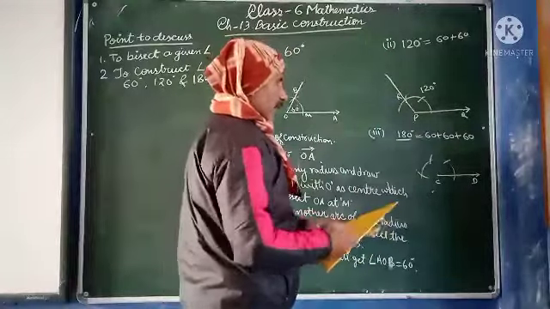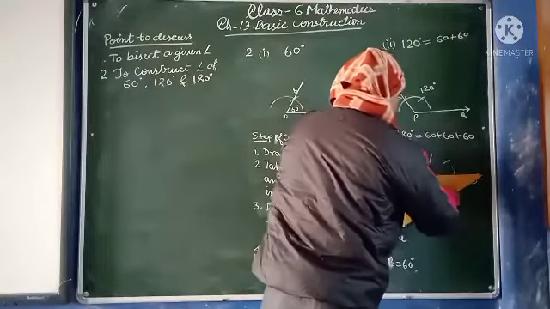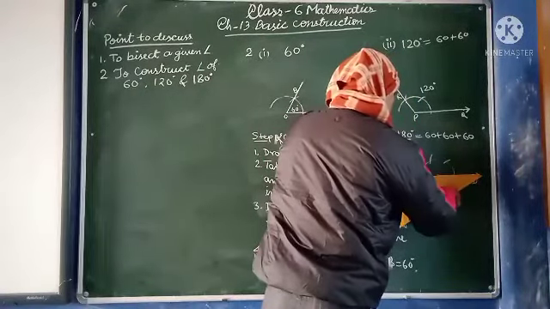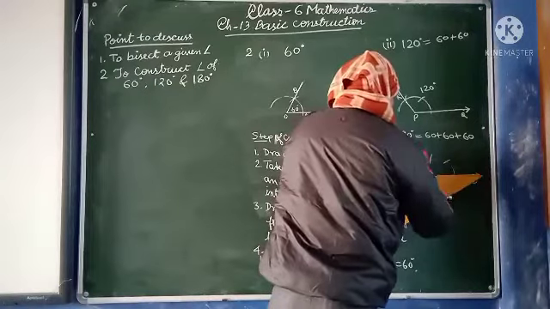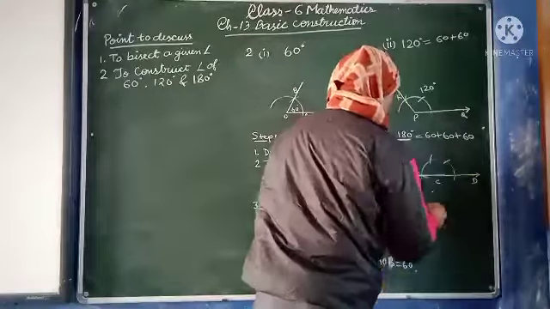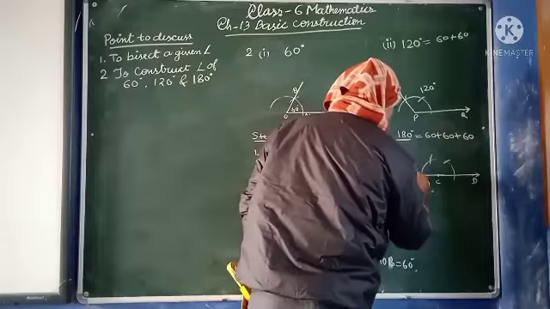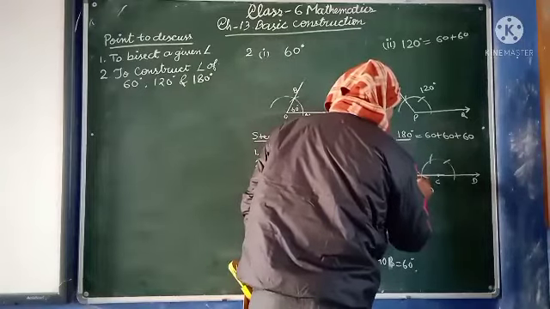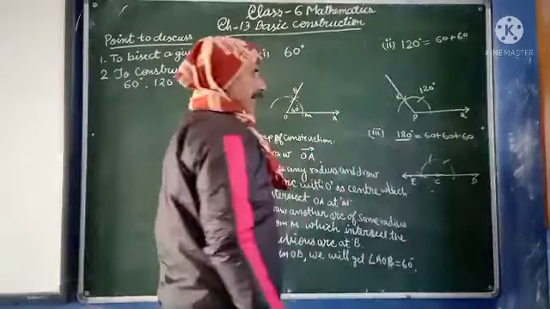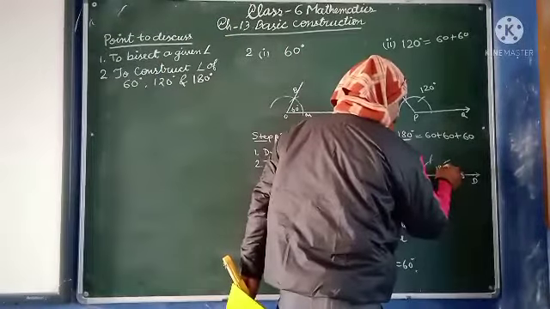So in this way you will draw the 180 degree angle. You can see a straight line you are getting. This is the point C and this is another point E. So you will get angle DCE, which is 180 degree.